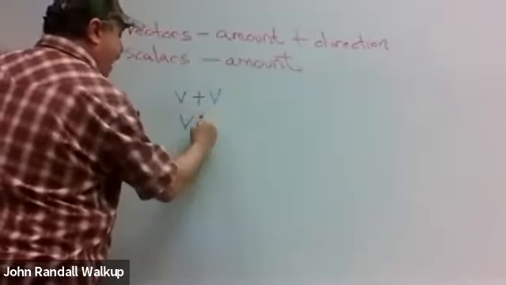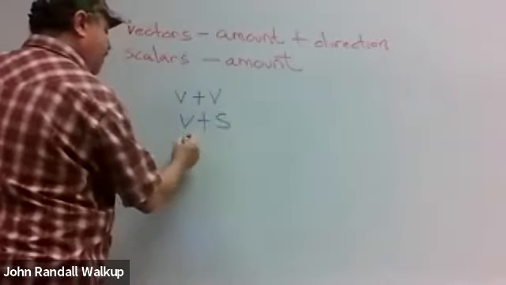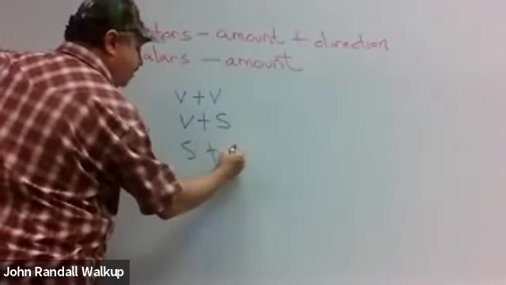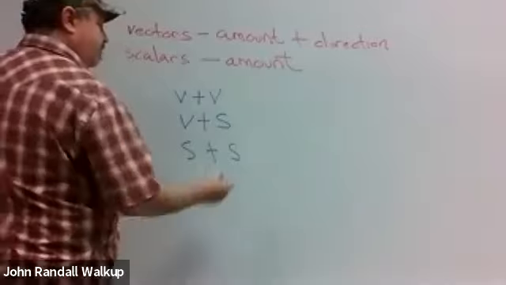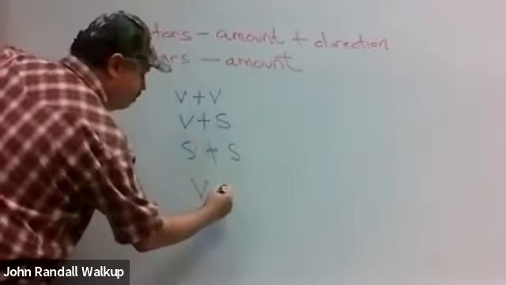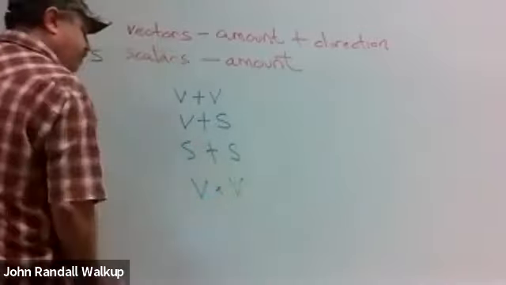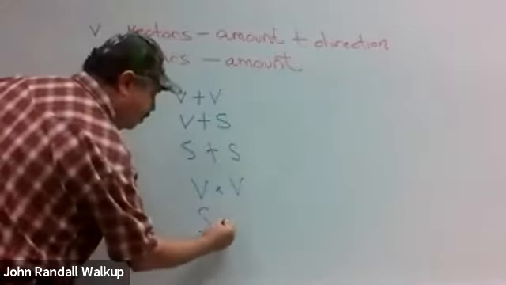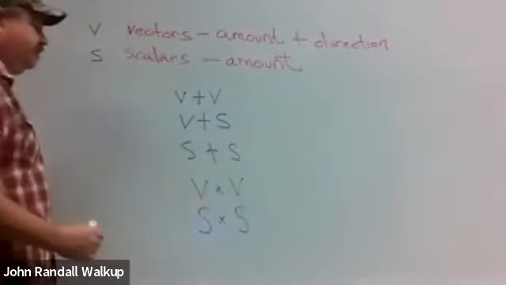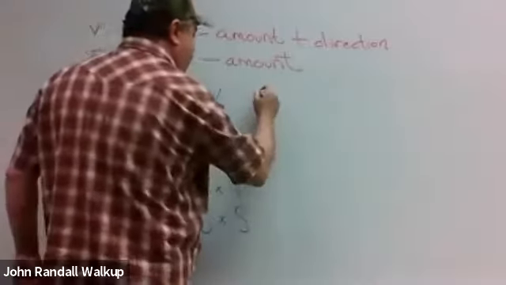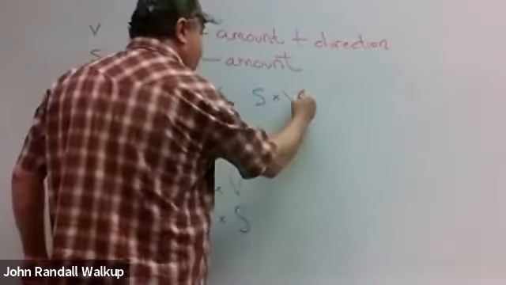What about a vector added to a scalar? What about a scalar added to a scalar? What about a vector multiplied by a vector? What about a scalar multiplied by a scalar? And what about a scalar multiplied by a vector?